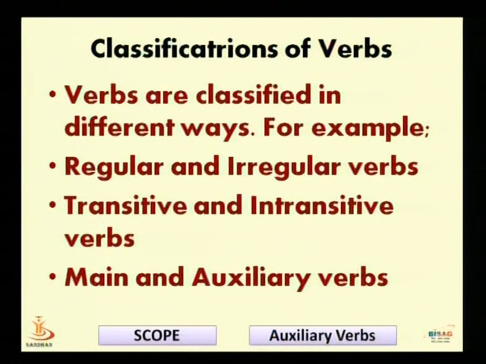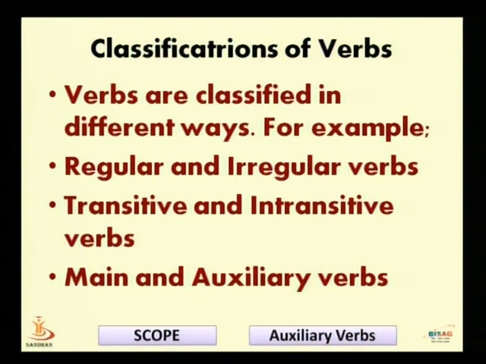As you must be knowing, regular verbs are those verbs which take ed form when we use them in the past form or maybe past participle. As against these regular verbs, irregular verbs do not take ed in the past or past participle forms. But there is some change in their spellings or the format.